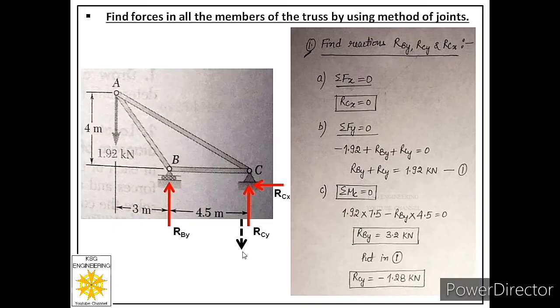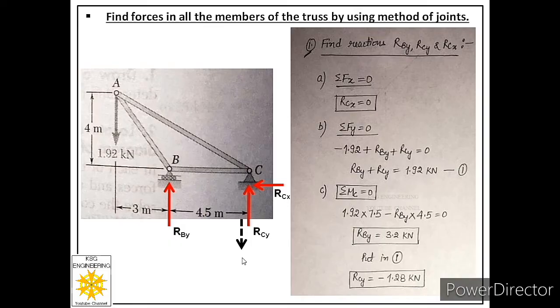So when we do further calculations, and if we need the value of RCY in those calculations, for RCY we have to consider its correct direction, that is downward direction.